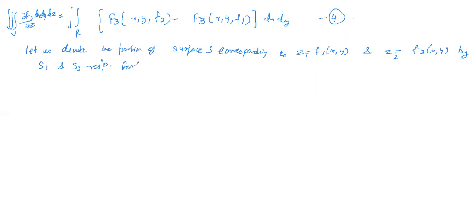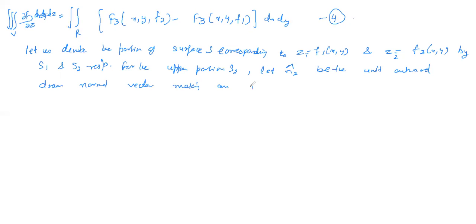नाउ फॉर द अपर पोर्शन, क्या है इसमें, S2 है. For the upper portion S2, let n2 cap be the unit outward drawn normal vector making an angle say gamma 2 with k cap as shown.